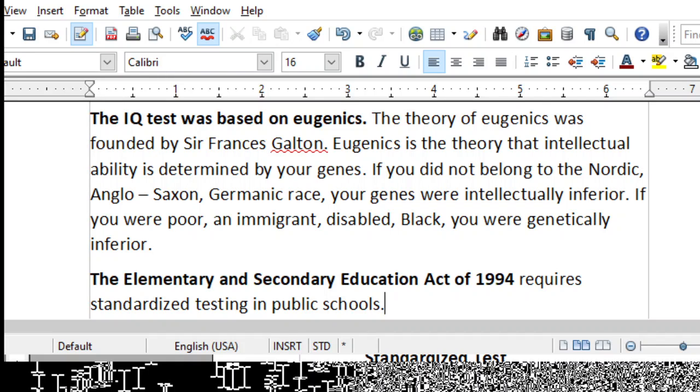If you go to a private school, then you don't have to take standardized tests such as the PSAT. That is why in any public school you are required to take the PSAT or any other state mandated standardized test.